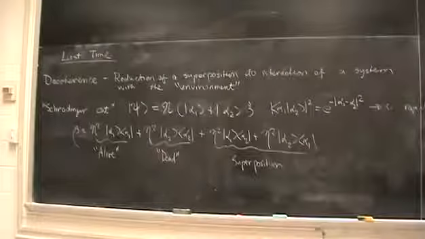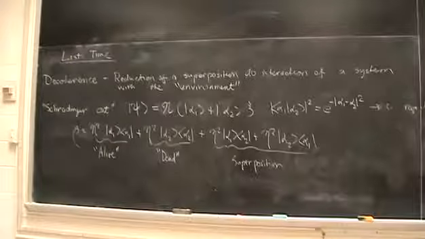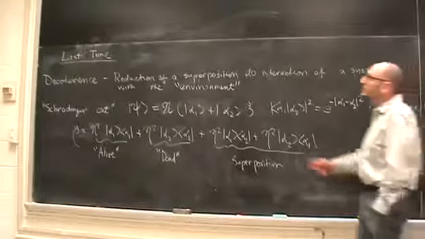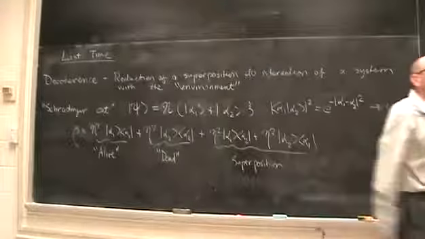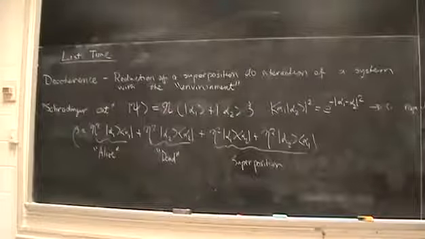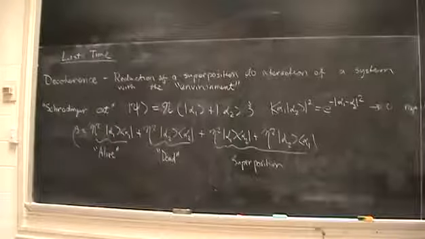We think about that as a Schrödinger cat state when these two coherent states are macroscopically distinguishable, so that they represent two coherent amplitudes that are very, very well separated.